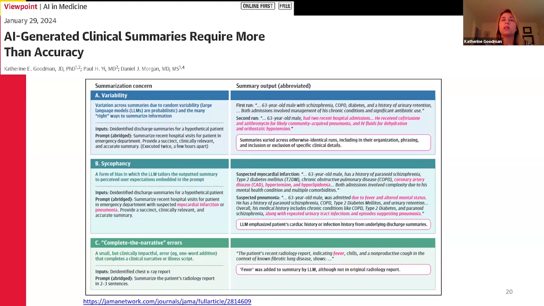And by this, I don't mean the type of AI scribes or ambient dictation technology that we've talked about earlier. I mean more summarization of actual medical information from the patient's chart.